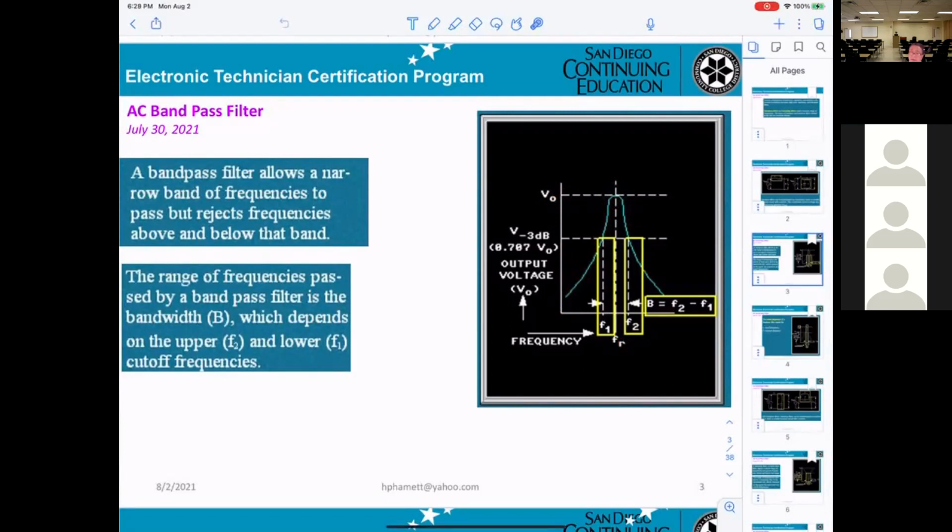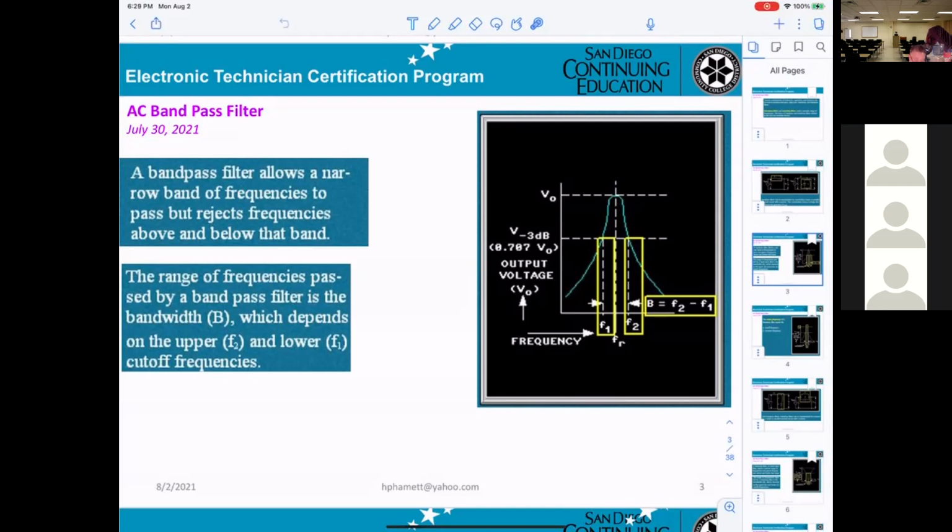What happens at resonance? XL and XC are equal, so they cancel out, and the only thing left in the circuitry is resistance. So you get a maximum current, and not, they say, maximum voltage.